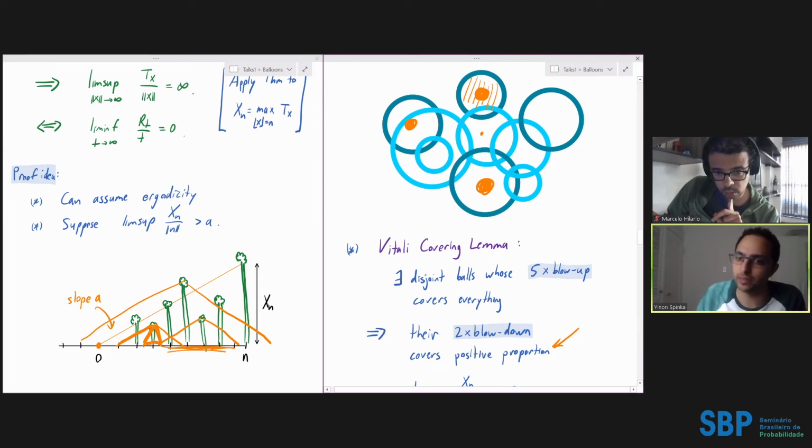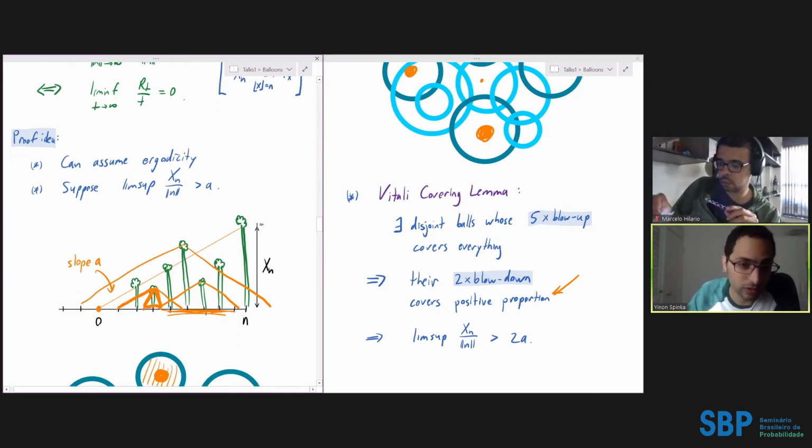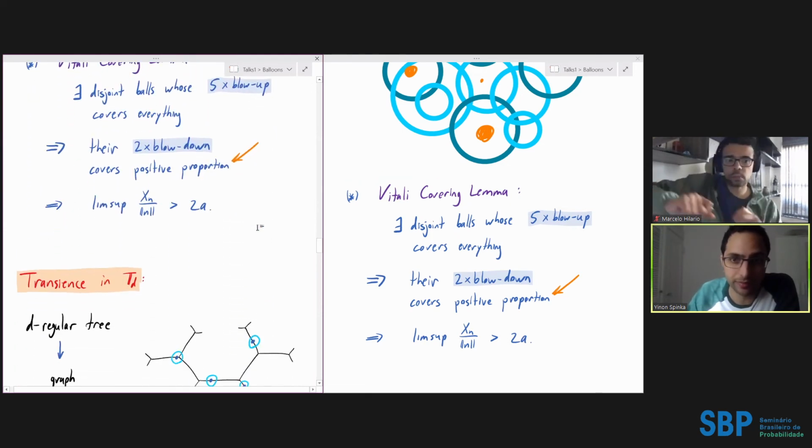This tells us that it's covering a positive proportion, and therefore the lim sup is with positive probability at least 2A, but the process is ergodic, and therefore it's almost surely at least 2A. So if A was positive, it has to be infinite. Okay, so this is the idea. So that's it for the Euclidean case.